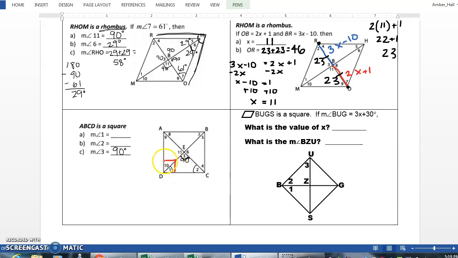So if I just take 90 and divide it by 2, I know that the measure of angle 1 has to be 45 degrees. And again, we can do it on the other side as well. I know that this is 90 degrees. Therefore, 2 and 4 are just half of 90. So 90 divided by 2 is 45 degrees.